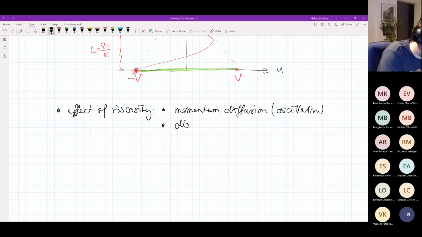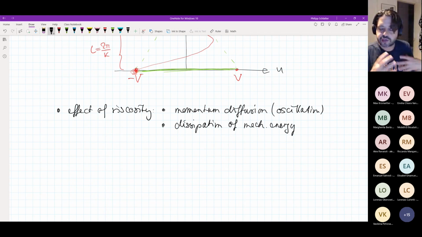That means there is a certain dissipation of mechanical energy present. We actually lose velocity, and we lose that to a temperature field, which you don't solve for, but essentially that's where the energy goes.